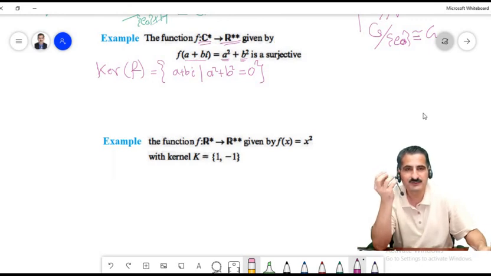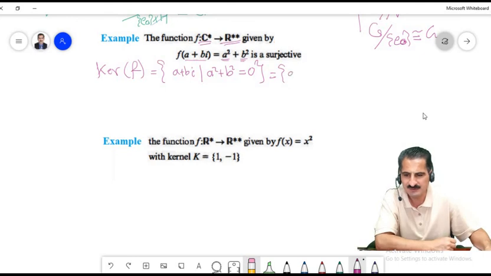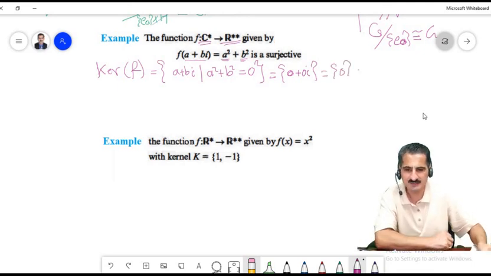A square of any real number is non-negative, so if we add two squares and get 0, we only have one choice: a and b must equal 0. So the kernel here is that.